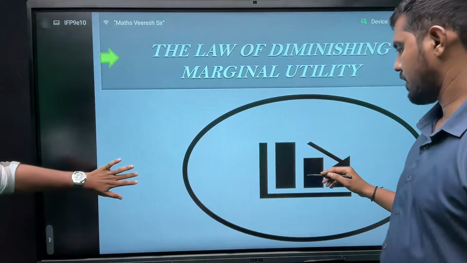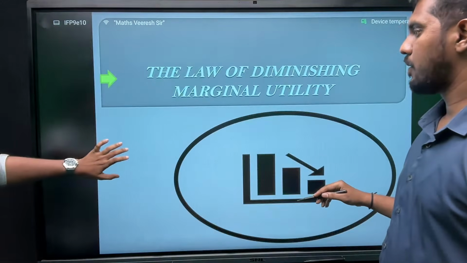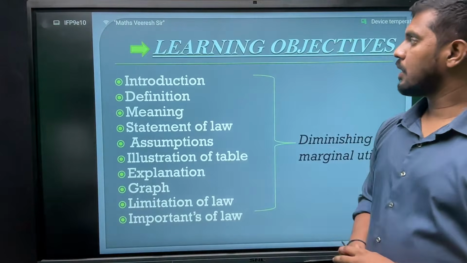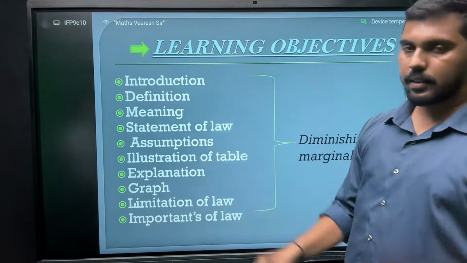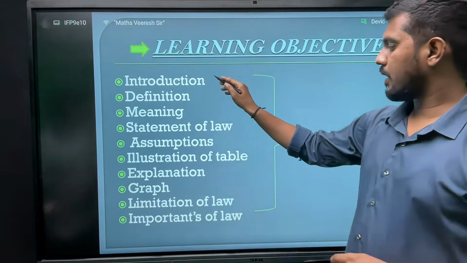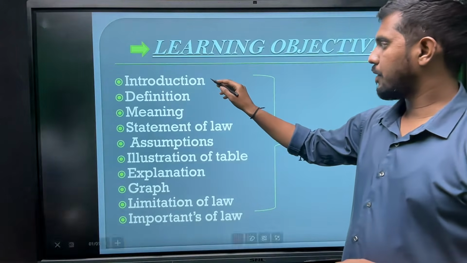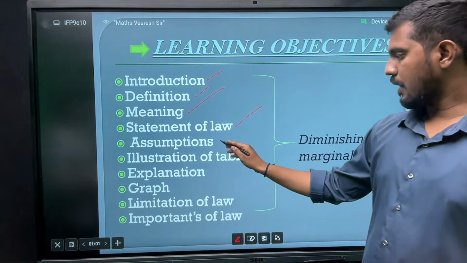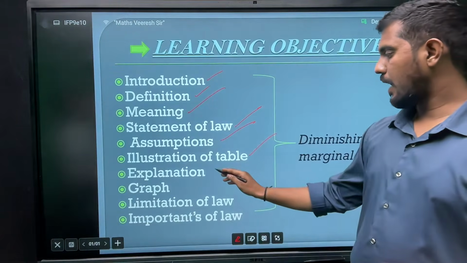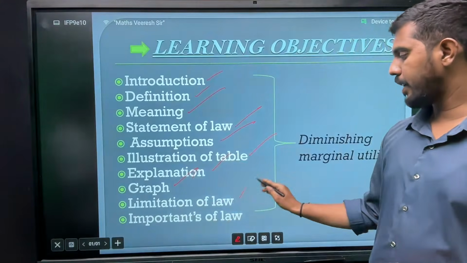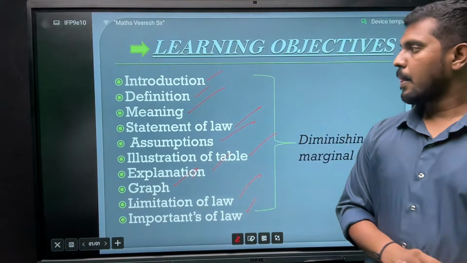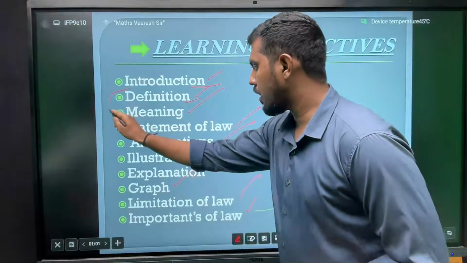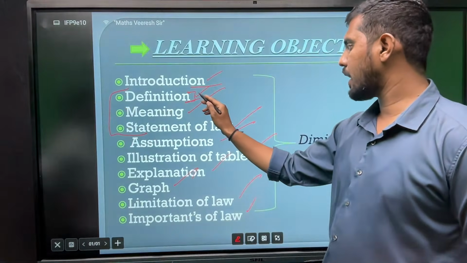In this 10 marks important question, the law of diminishing marginal utility, you have to write: introduction, definition, meaning, statement of the law, assumption, illustration of table, explanation, graph, limitation of law, and importance of the law. Introduction and definition, these are the same, but you have to write the definition correctly.